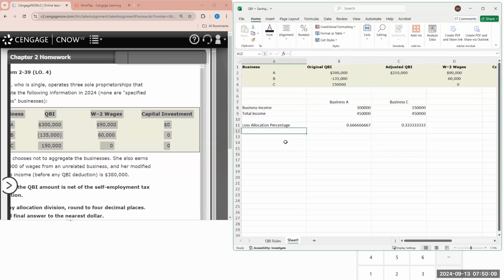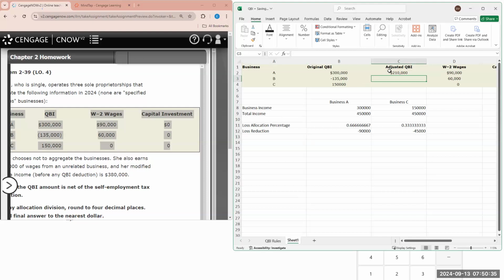All right, so we now need to factor in allocating the loss. So the loss is 135,000 multiplied, and that gives us the 90,000. And for business C, the loss allocated is the 45,000.